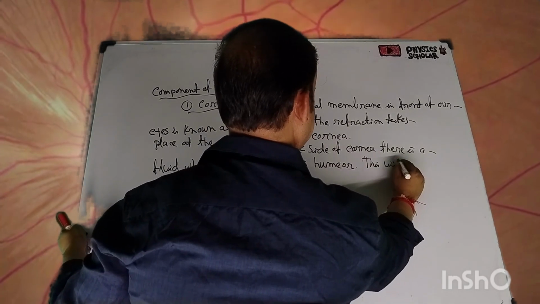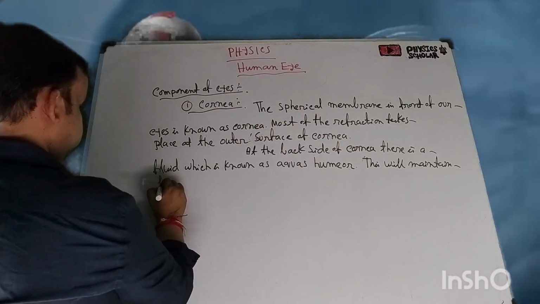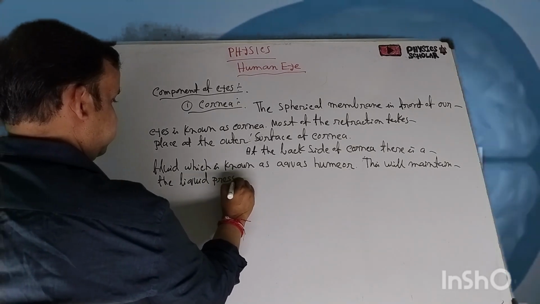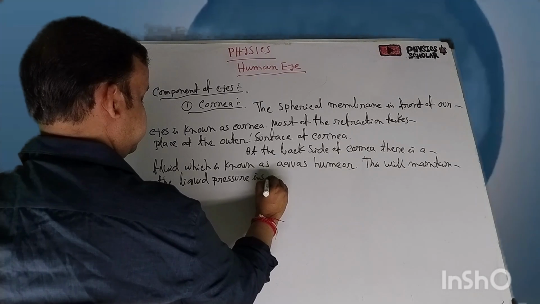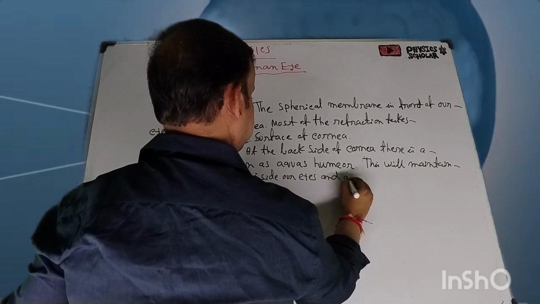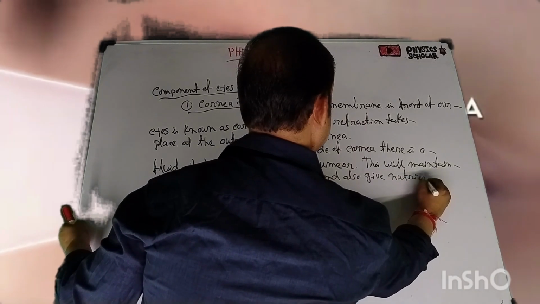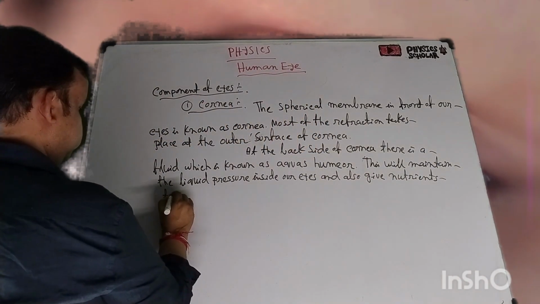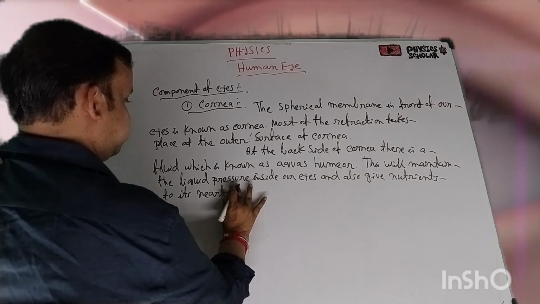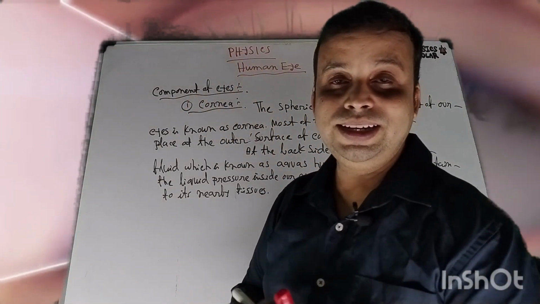This will maintain the liquid pressure inside our eyes and also give nutrients to its nearby tissues. So this is actually the cornea.